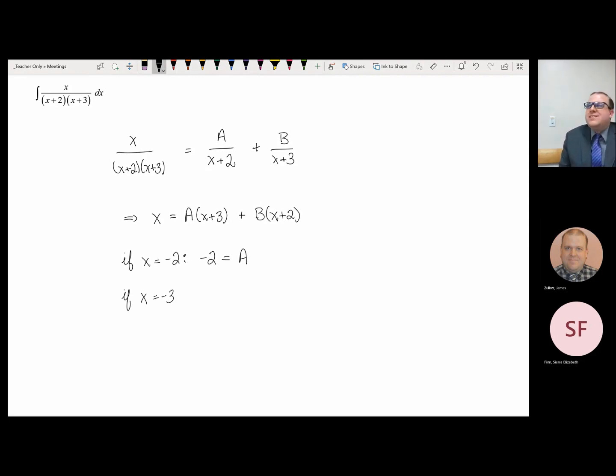It also has to be true if x is -3. I'm just trying to zero out the other term. That means B has to be 3.